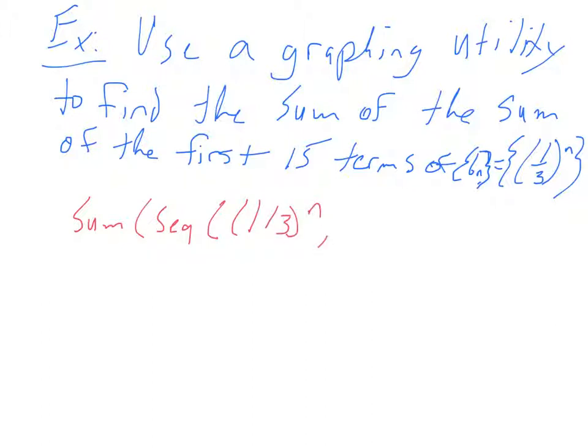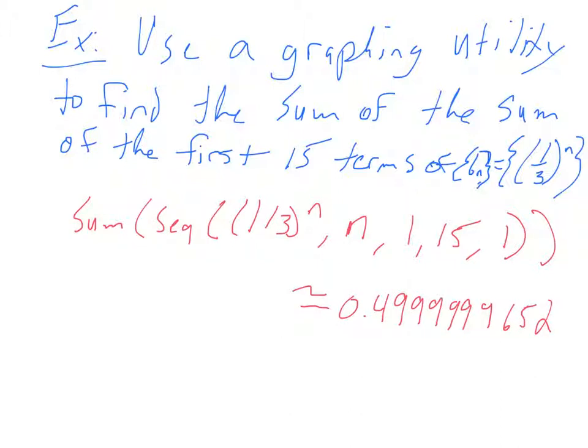And then we need to put in our independent variable n, and then we want to go from the first term to the 15th term, right? And then we want to increment 1 each time, which means we're not skipping from the first term to the third term to the fifth term. We're going 1, 2, 3, 4, 5, all the way to 15. And then close both parentheses. And this should give you 0.469652. So another one that's really close to half, but not quite half.